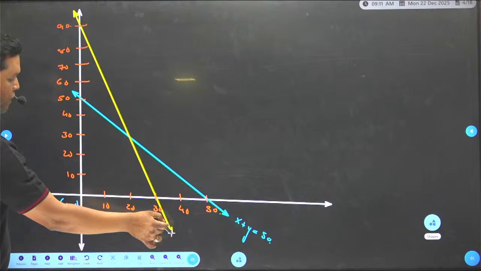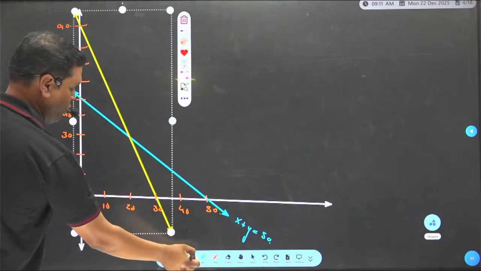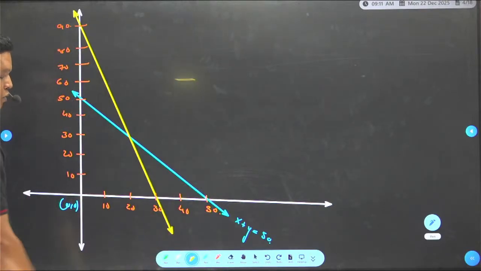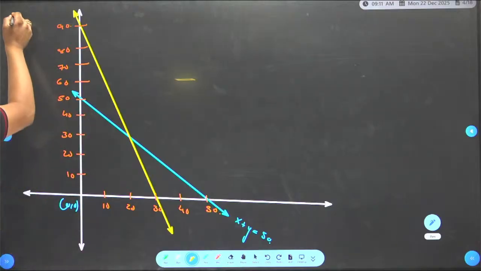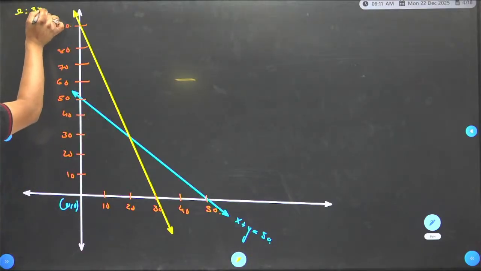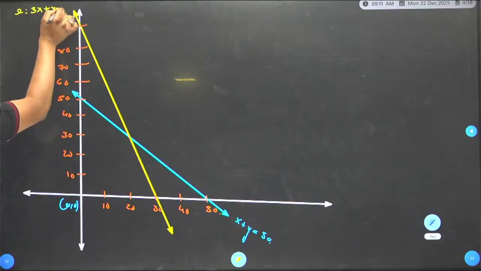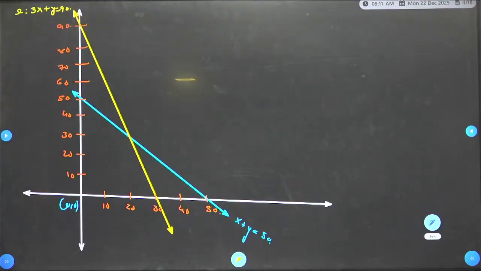This is the line. What is the equation of the graph? 3x plus y equal to 90. Clear? Now what is the direction? That is also towards.